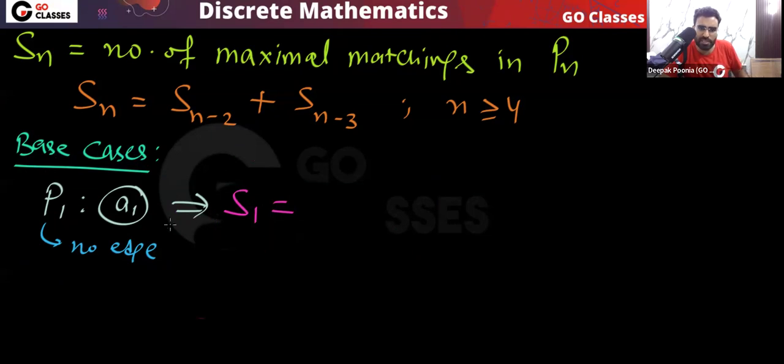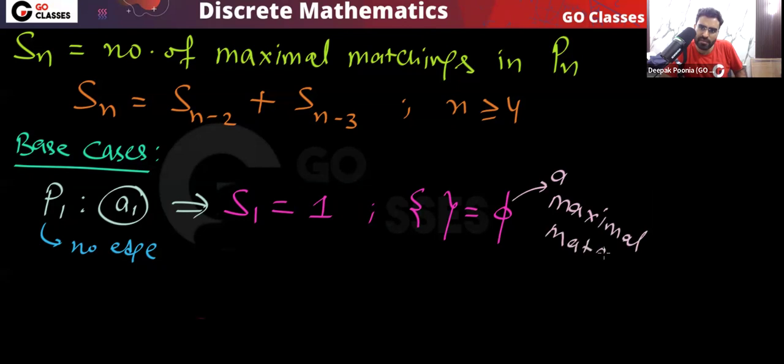S1 is 1, because that will be the empty set, or I can say phi. This phi is a maximal matching in path graph on one vertex. Is this clear? Very simple.